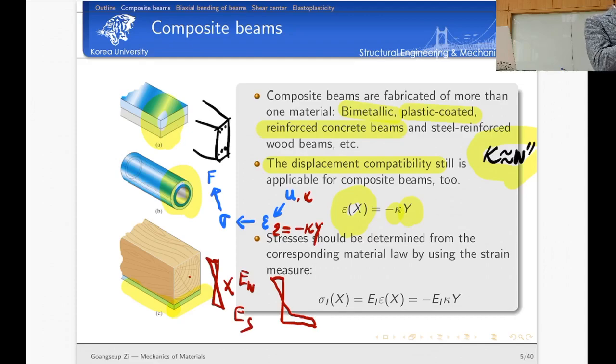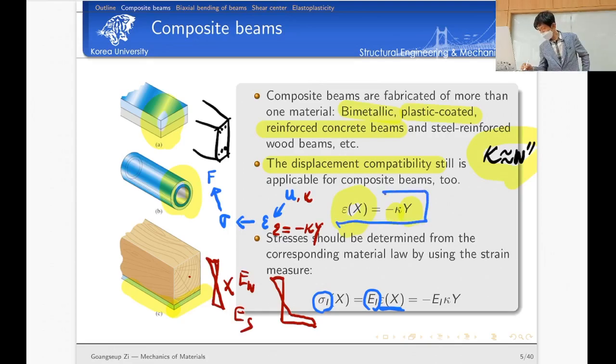Clear? So that's why here I put an index, a subscript. My stress of the ith material can be calculated by multiplying the elastic modulus for that material, the ith material, by the strain value. So we have strain here.